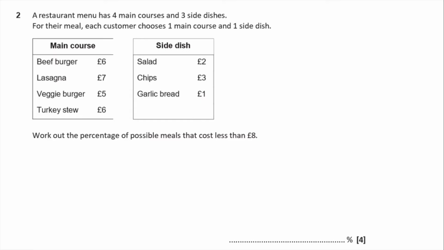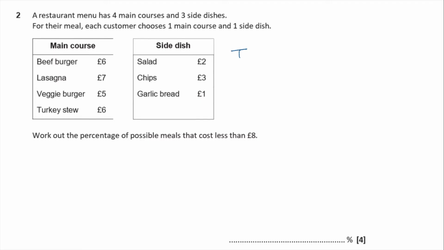Right, now, in order to work out this, we're going to have to know the total number of combinations there are. So that's going to be the number on the denominator of our fraction. And we're also going to have to know the number of combinations that cost less than £8. Okay, so they're the 2 things I need to know.